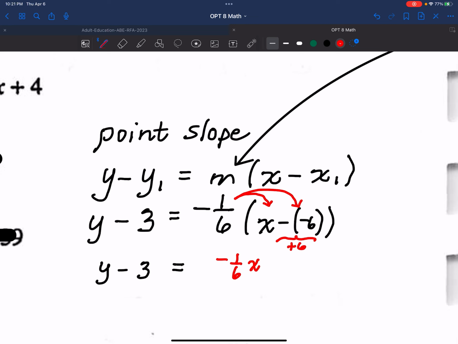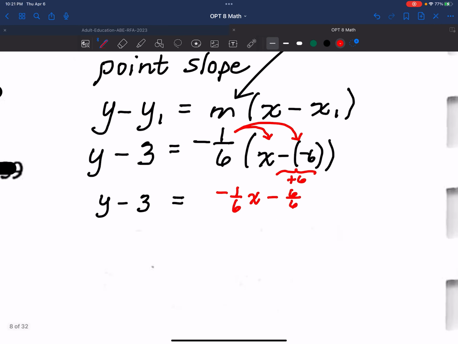That would give you a negative 6/6, which is negative 1. So when you simplify, you're going to have y minus 3 equals negative 1/6 x minus 1.